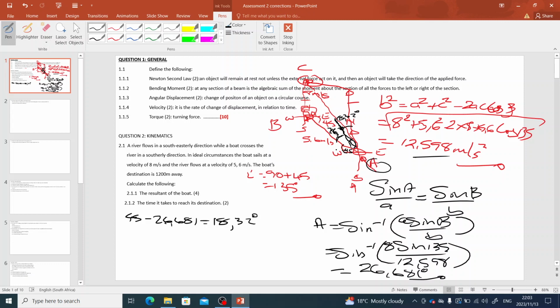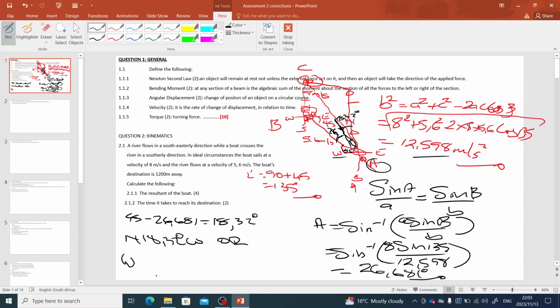Either way, it doesn't matter, but we always use the given principle: you start with the cardinal point closest to your vector, and in this case it is north. It will be north 18.32 degrees west. Or, since it occurred within the second quadrant and the quadrants are made up of 90, you can make west your reference point.